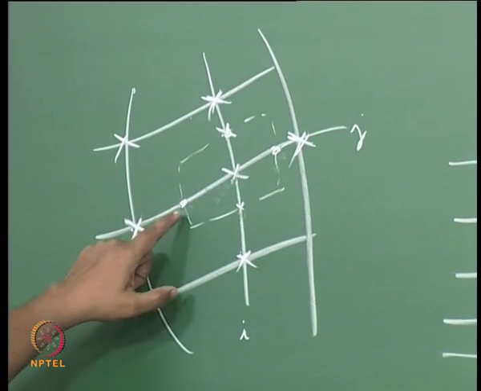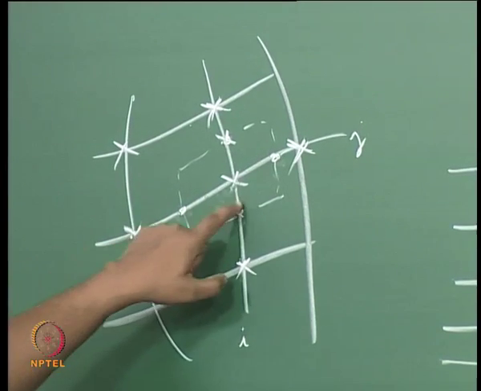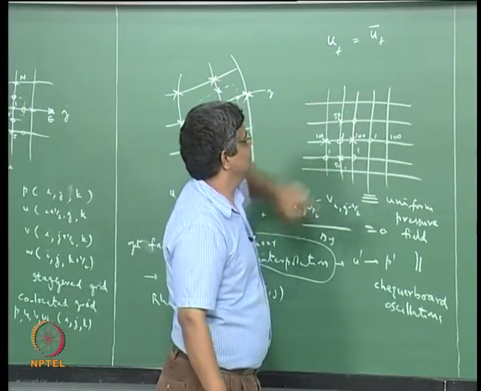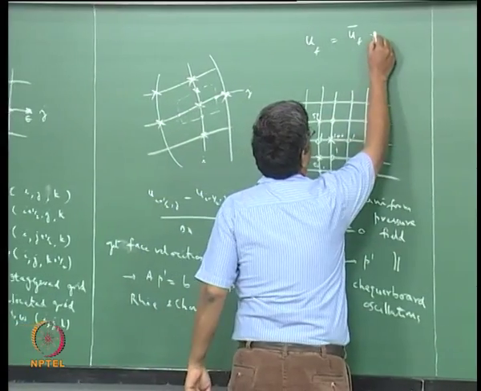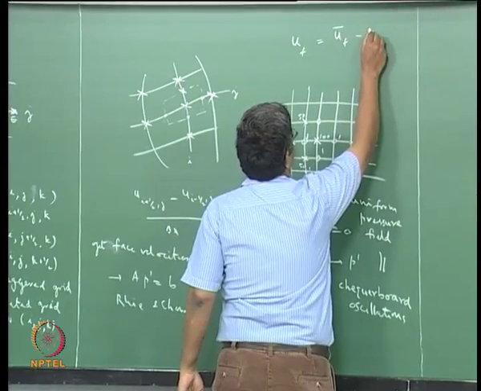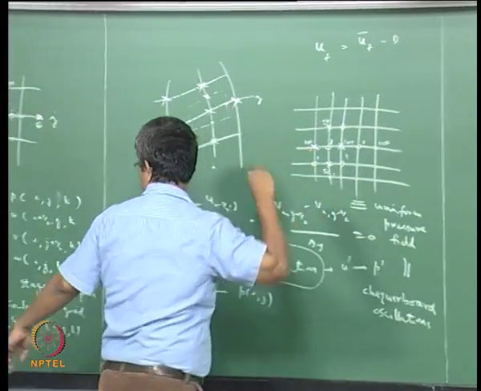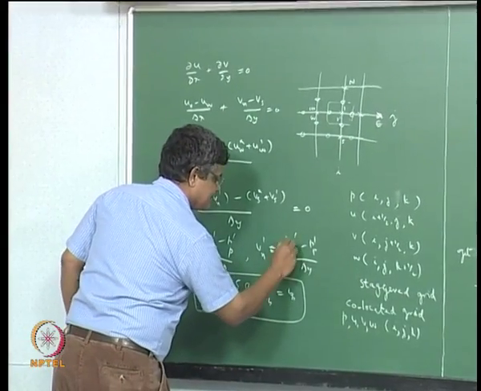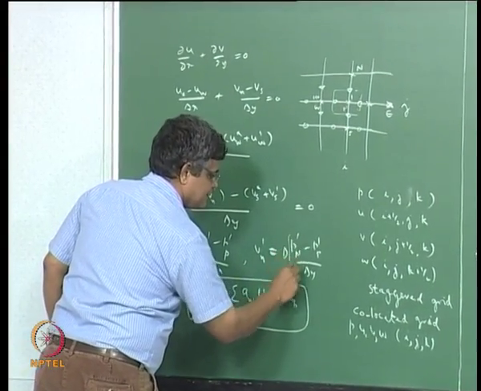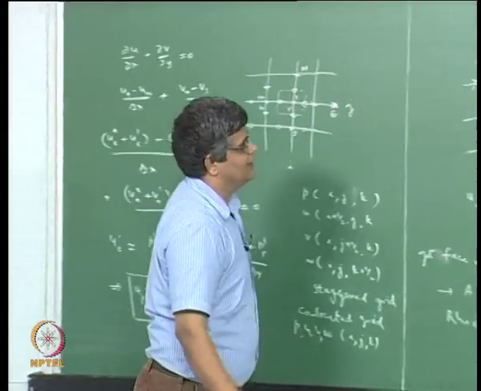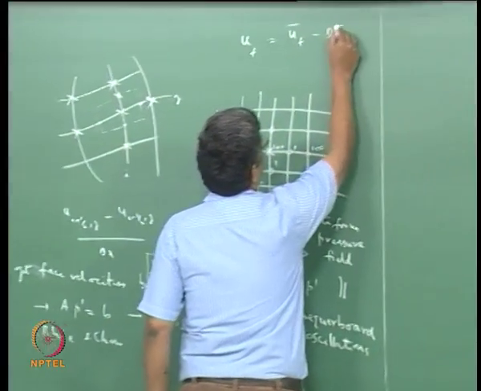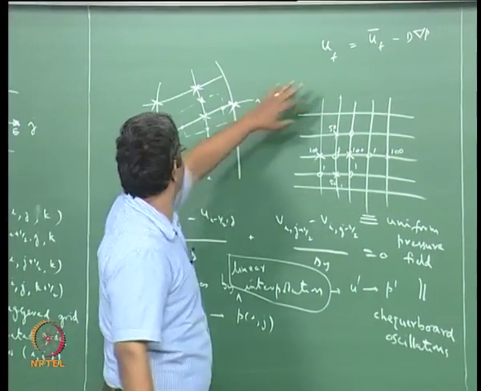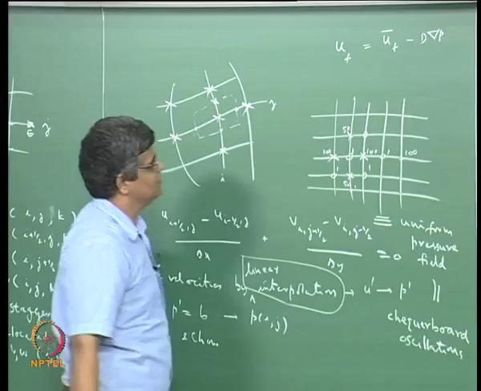So this velocity plus this velocity divided by 2 is the interpolated phase velocity, minus some contribution of the d which is coming in here. D is essentially the multiplication of this times the gradient of pressure which is coming in the momentum equations.